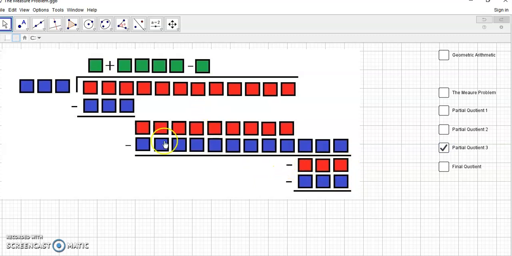They're negative, and we know once again that 1 times that is this. And we know that if we subtract these 2, we have no more remainder, and we're left with the answer, which is the sum of the partial quotients. And that will give us a final quotient. So if we add all these blocks, we'll have 5 blocks, and if we take 1 block away, we'll have 4 blocks left.